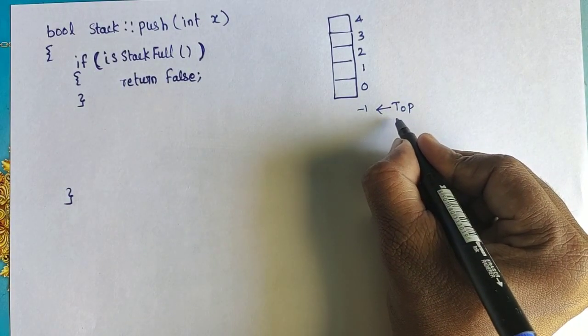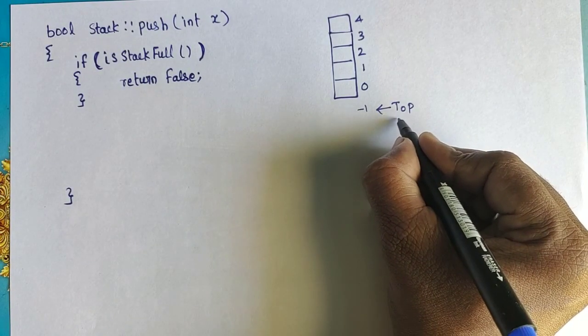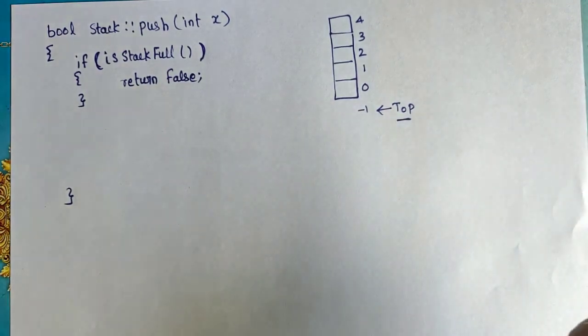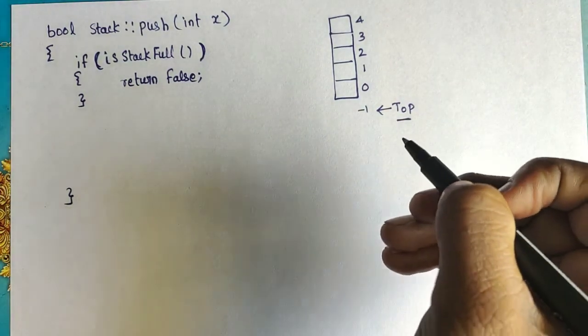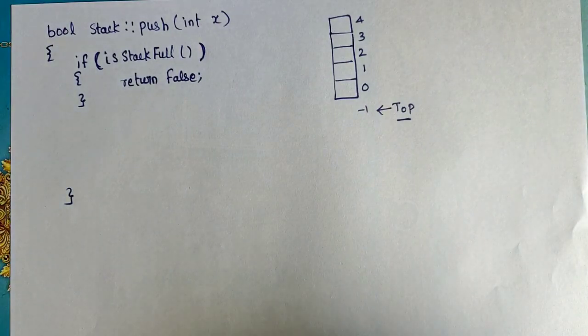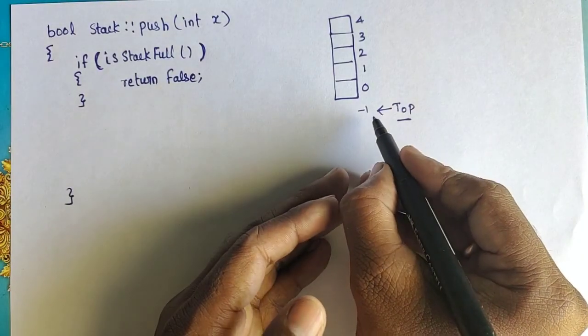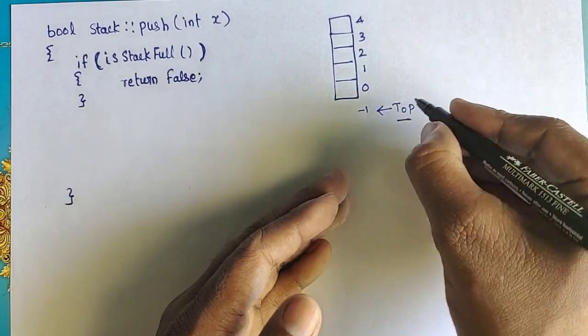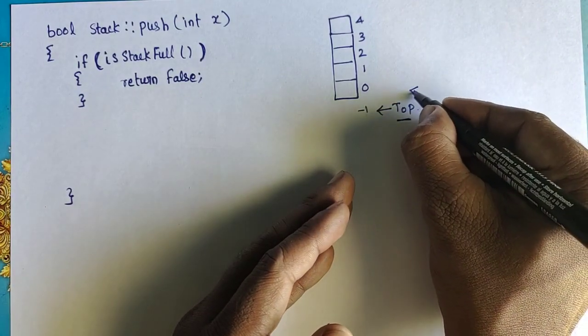Inserting an element to the stack is a very simple procedure. Every insertion and deletion has to happen only through the top. The top maintains the index of the recently inserted element. So the new element is going to be placed above the recently inserted element. The procedure is just to move the top to the next free location.